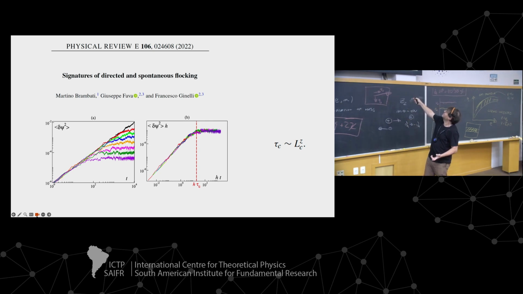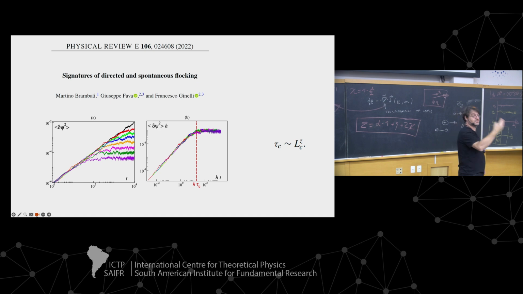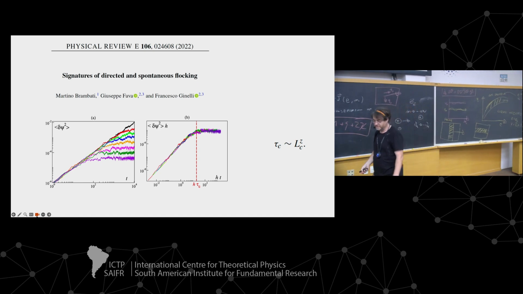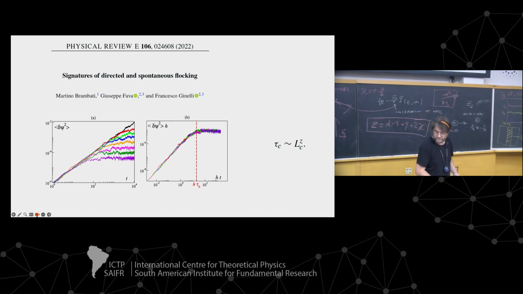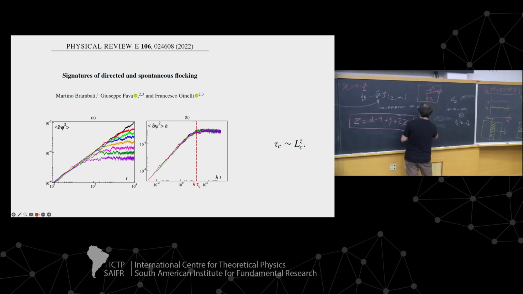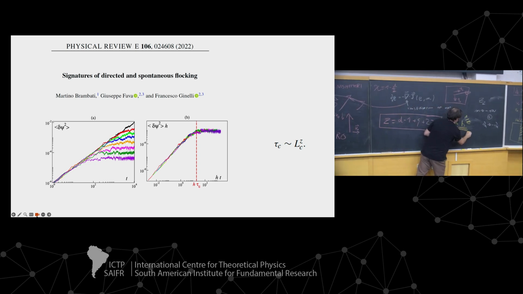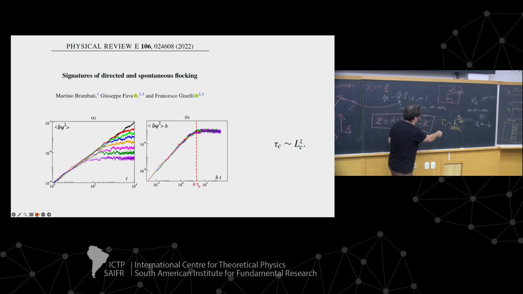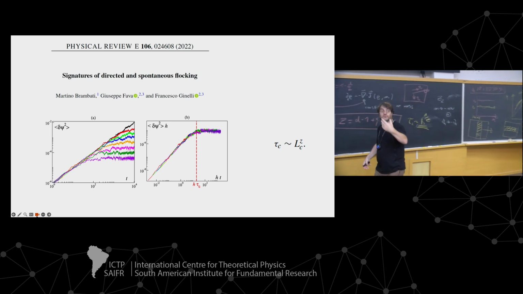There should be a time as a function of the strength of the driving. It should be T_C proportional to H to the power 1 over Z, where H is the strength of the driving and Z is the renormalized dynamical exponent of the theory.